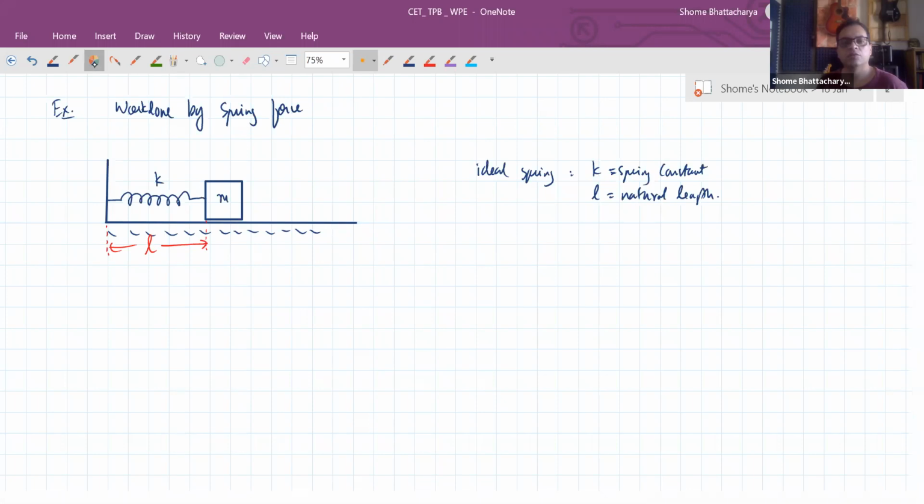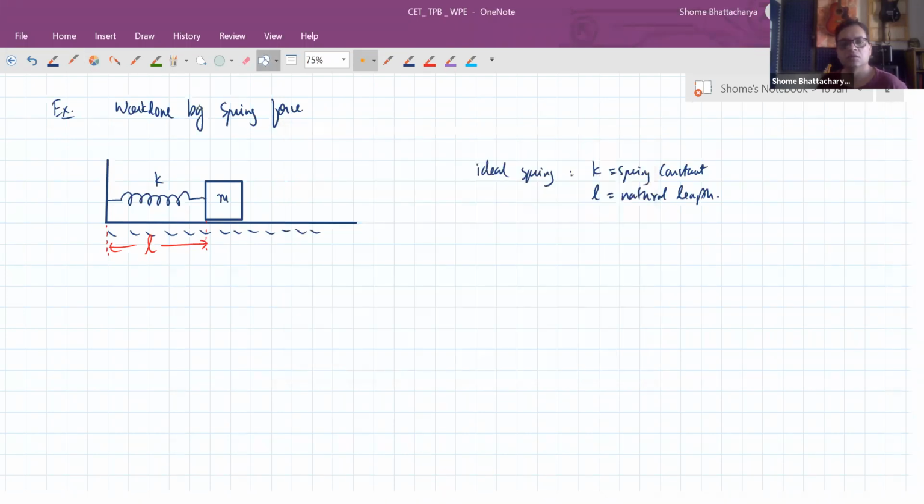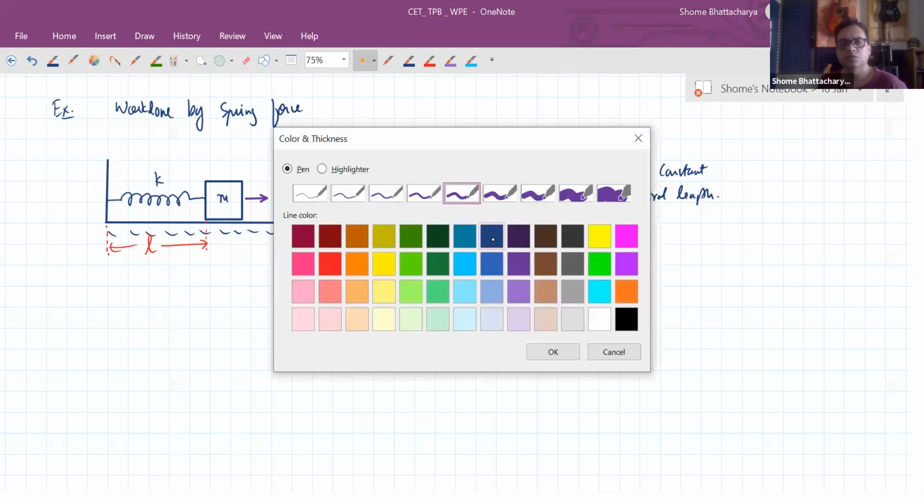Now we apply an external force to pull the block from this position to eventually a new position, which I'll show below.